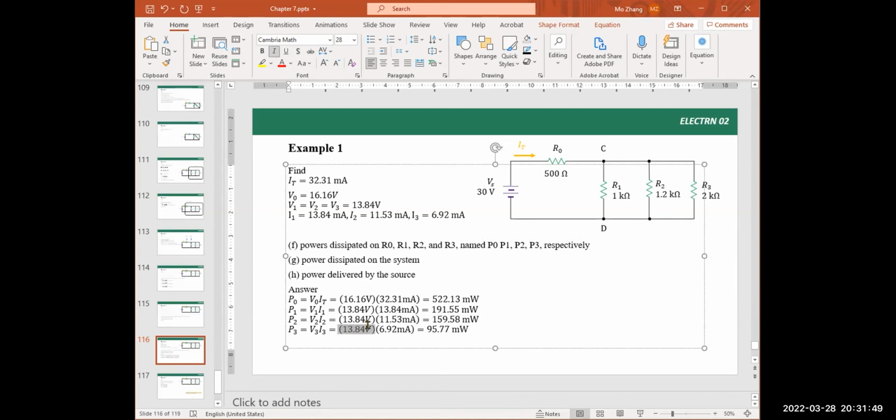The voltage for the last branch is still the same number, right? Same 13.84 volt. The current we get that is 6.92 milliamps. So this times that equal to 95.77 milliwatts. So here we get the power for all 4 resistors.